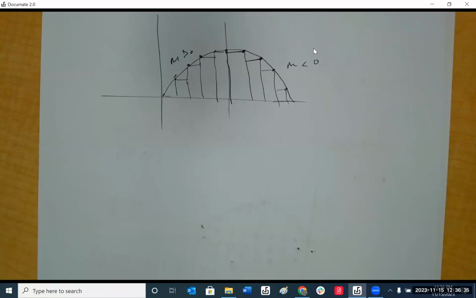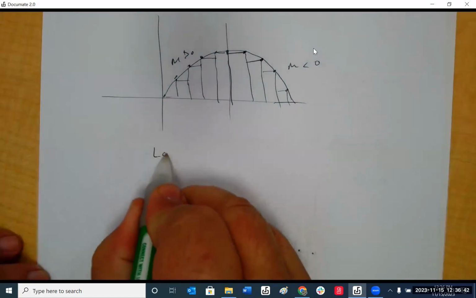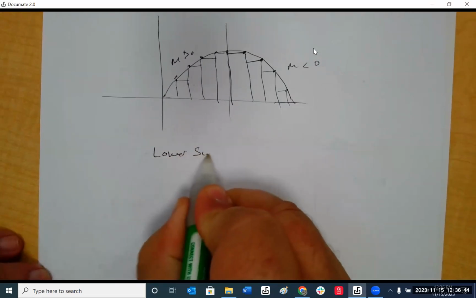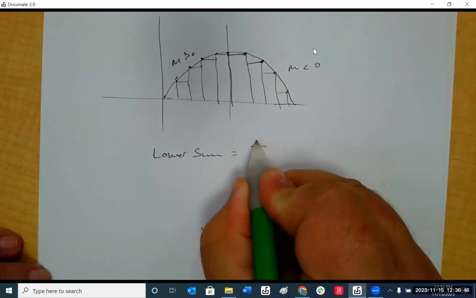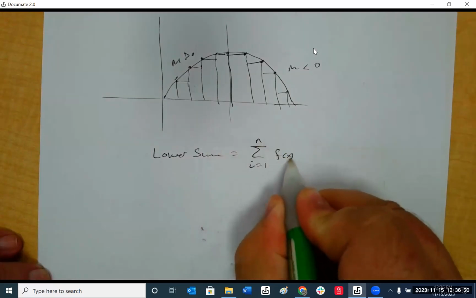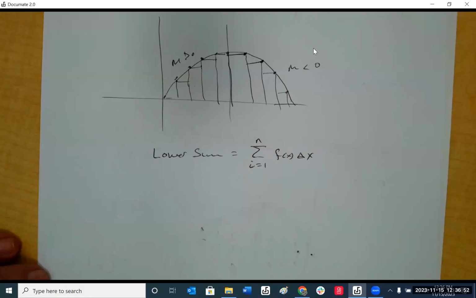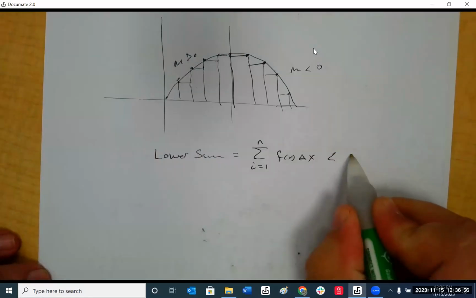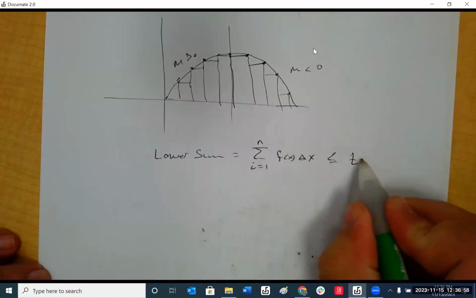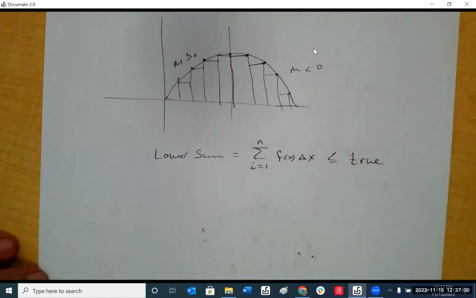And by doing that, you're getting an estimated area, the lower sum area, because this is the lower sum. Yeah, so the lower sum is going to give you your estimate, which is less than the true value.